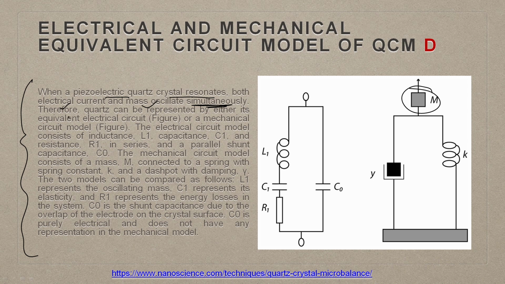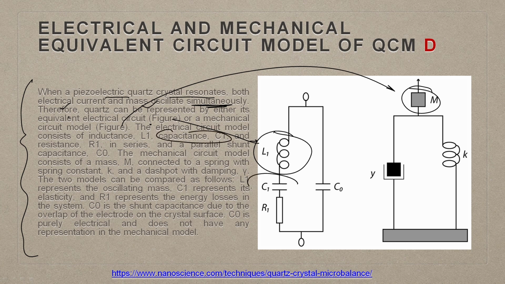Therefore, quartz can be represented by either its equivalent electrical circuit as shown in the figure, or a mechanical circuit shown out here. The electrical circuit model consists of an inductance L1 in henry, a capacitance C1, and a resistance R1, all connected in series, and a parallel shunt capacitance C0.